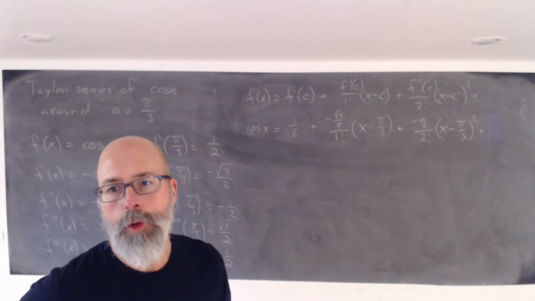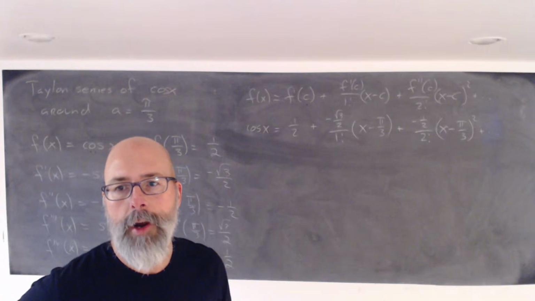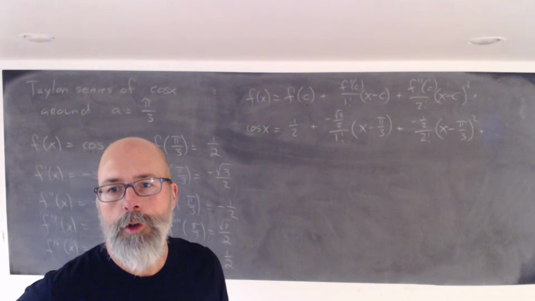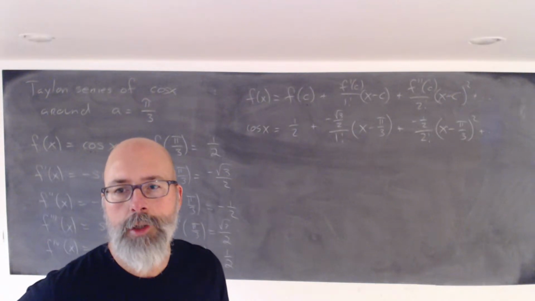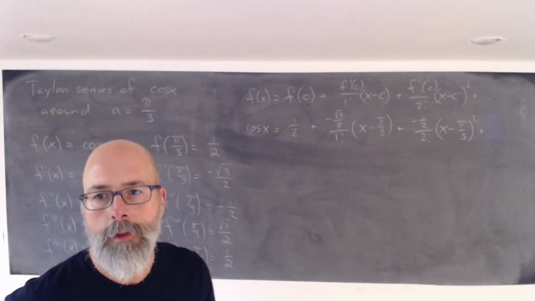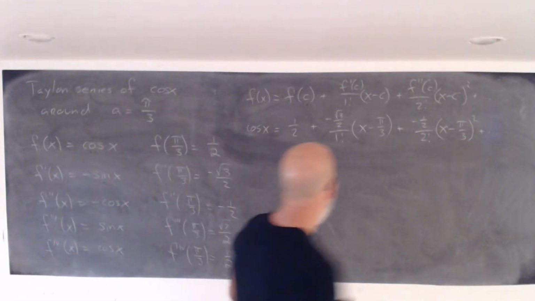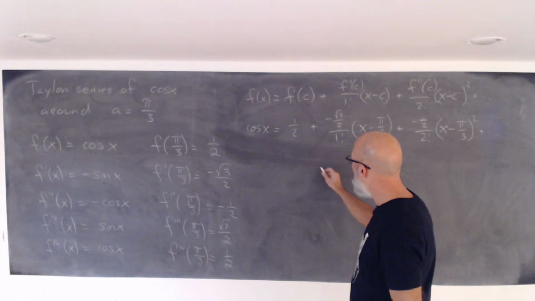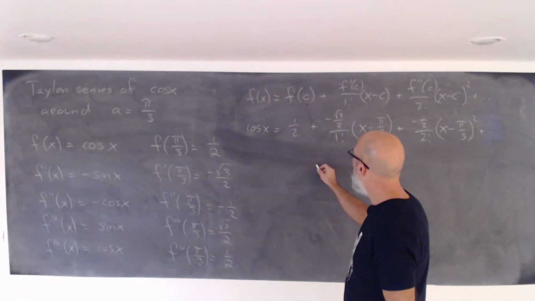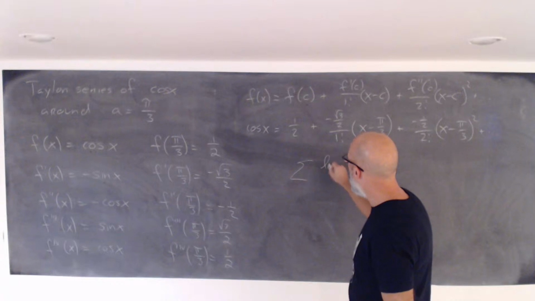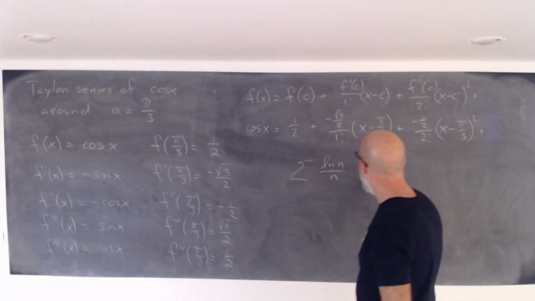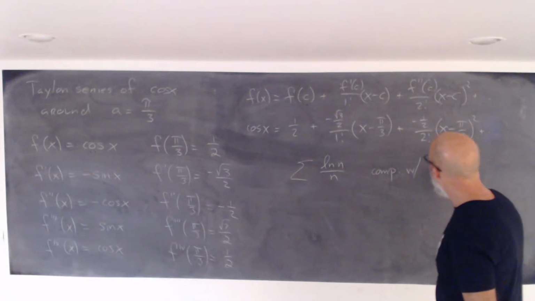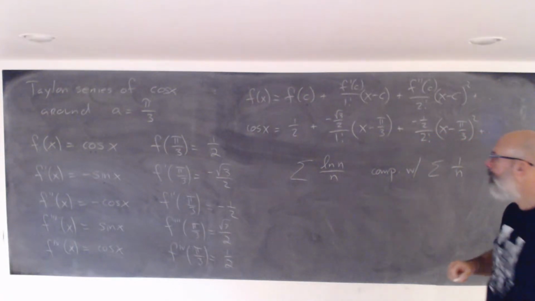Nima is asking, could we please explain why we compare 1 over x when trying to prove the convergence of ln x over x? Well, I suspect you mean if you're trying to prove the convergence of ln n over n, we're going to do a comparison test with the series 1 over n, right?